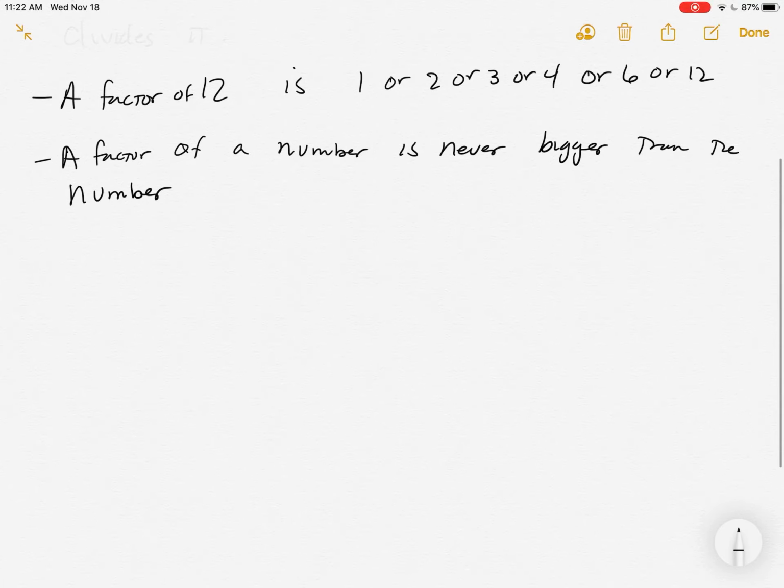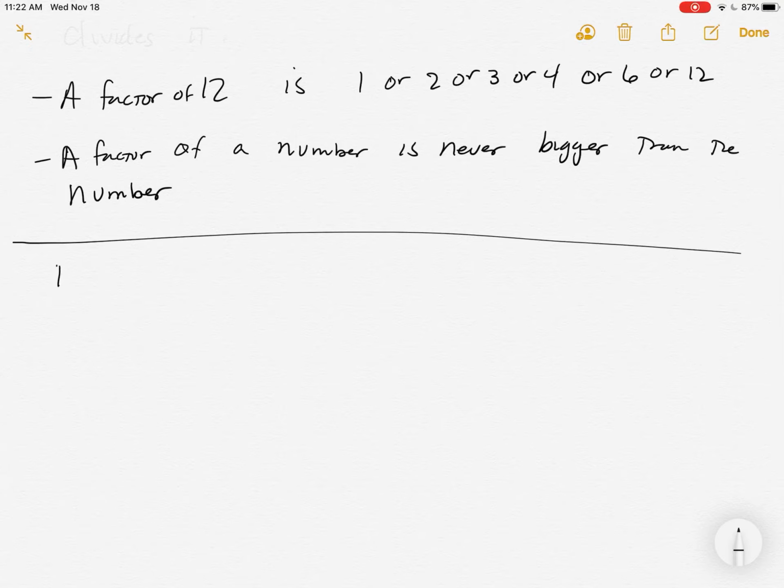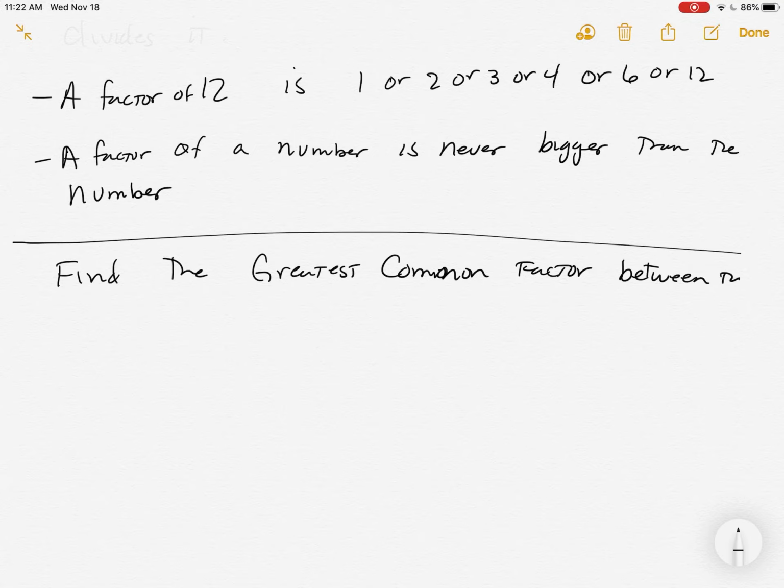So there's two methods that they introduce and ask about in the homework to find the greatest common factor between two numbers. If you only have one number, then the greatest common factor is the number itself.